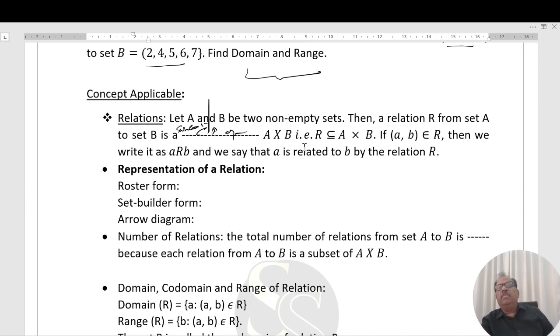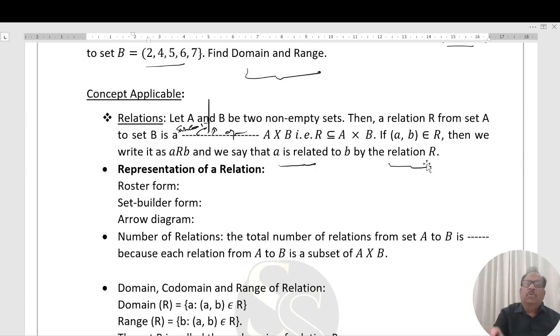A and B are two non-empty sets. The essential condition is the sets should be non-empty. Then a relation R from set A to set B is a subset of the Cartesian product A cross B. Then we write it as (a, b) belongs to R and we say that a is related to b by relation R.